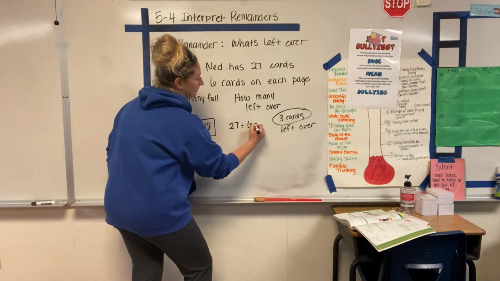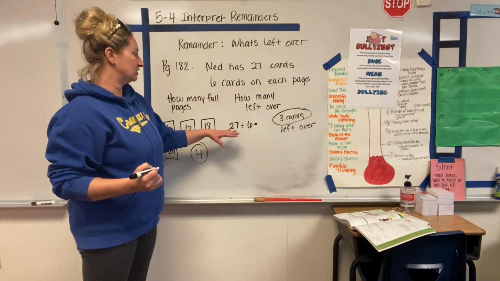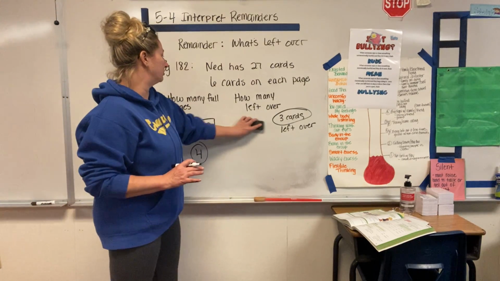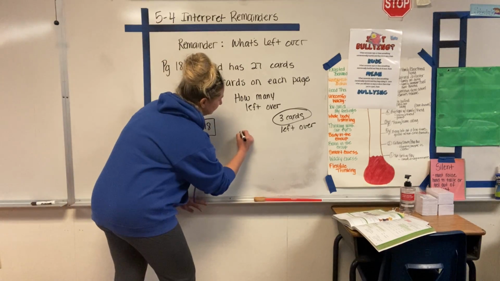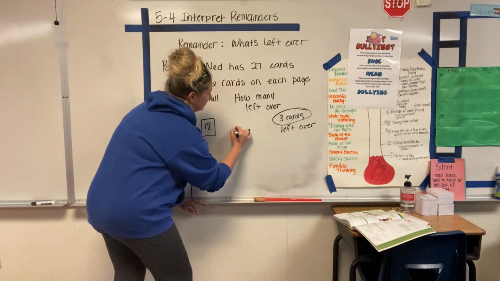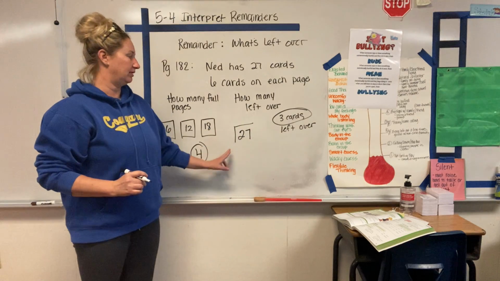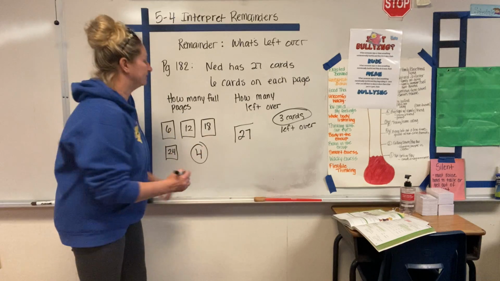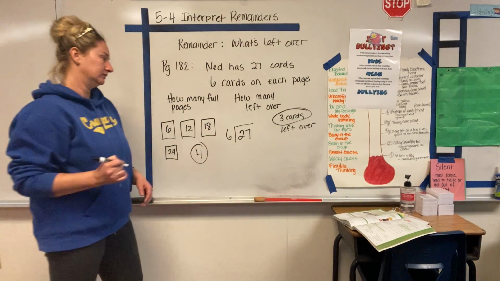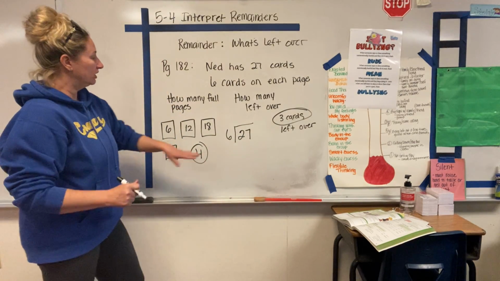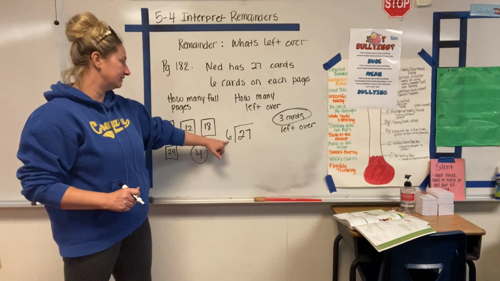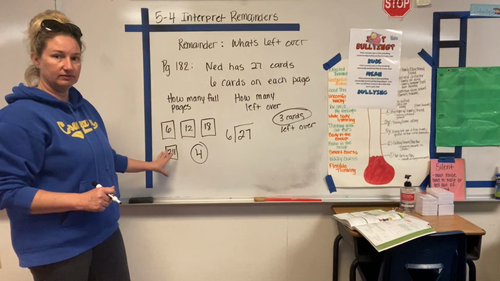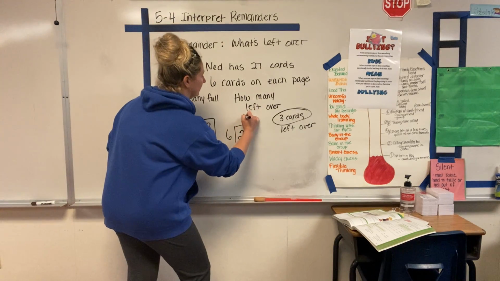But to actually do the problem without drawing pictures, you want to write the problem like this: 27, and this box means divided by, and the big number goes inside. 27 divided by 6, and 6 goes on the outside. Then you would write that 6 goes into 27 4 whole times.